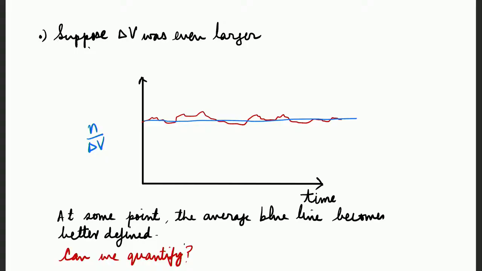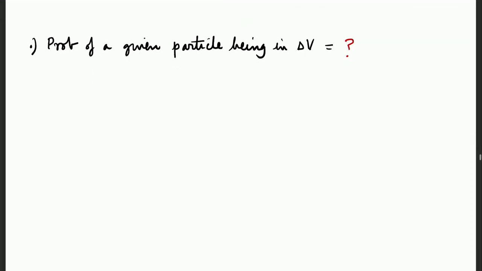So can we quantify? Can we quantify how it goes from very discrete like image to something which is almost flat? So let us try to quantify this graph. So suppose I pick a particle at random and I ask, what's the probability I'll find this in delta V?